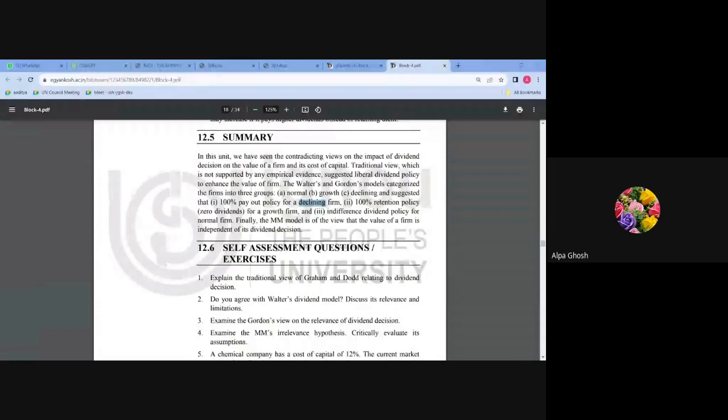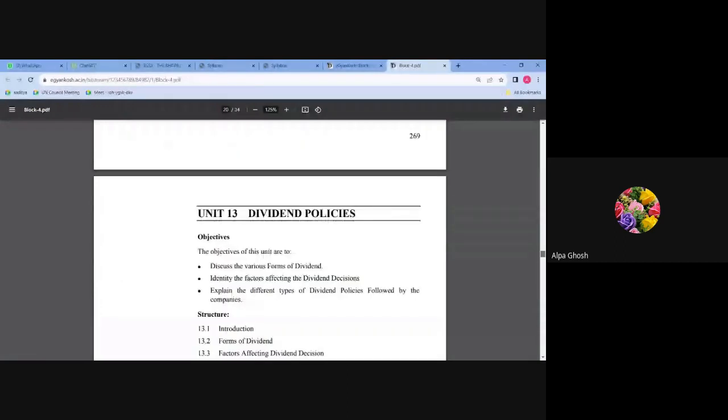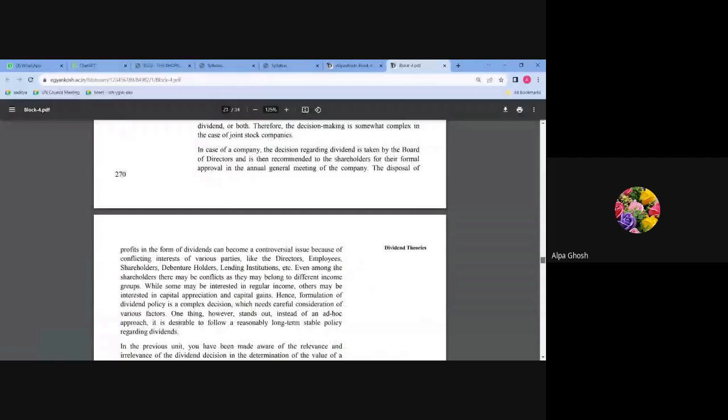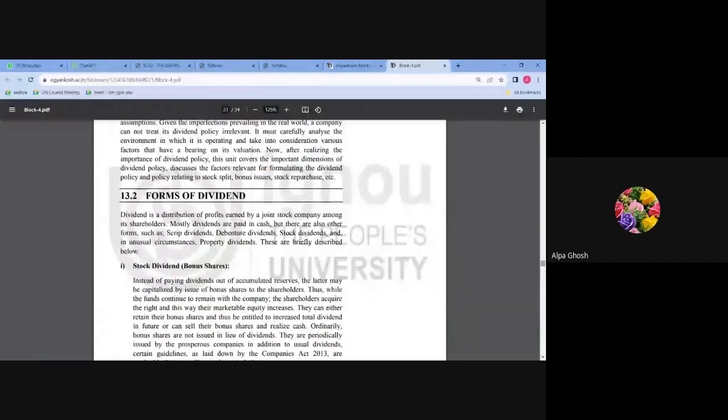So now I am coming to the next part. It is your dividend policies, how you decide the dividend policies. When we talk about dividend policies, the first one is forms of dividend. Forms of dividend means the ways you are going to pay the dividend.